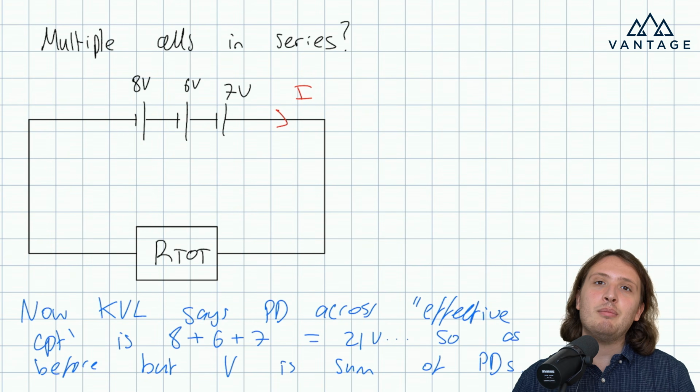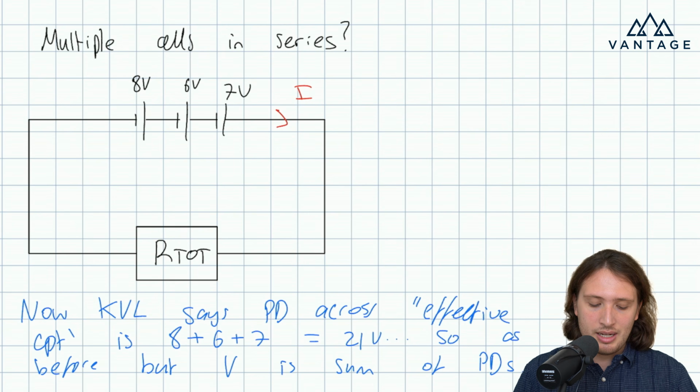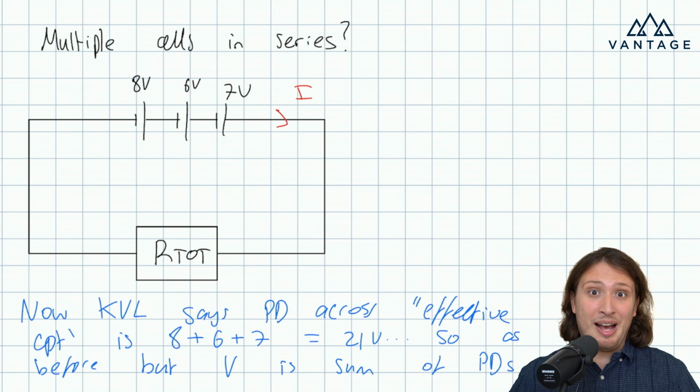So consider, for example, if in our circuit we have multiple cells connected in series. We can undertake the same analysis as far as the components are concerned. We can find the total resistive load. And now it's as if we have our imaginary effective resistor in series with the cells, which are themselves in series with each other. So the analysis proceeds essentially identically.